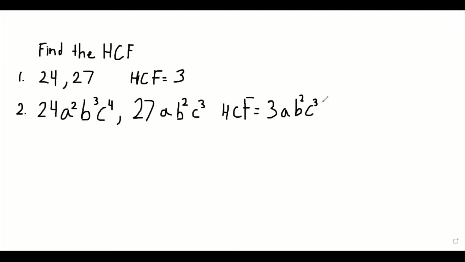Sir, I picked the a without an exponent because it's the lowest one you are looking for, and it's common in both of them. And for the b, I picked the lowest one, which is b squared, and it's in both of them, so you can use it. And for c, I picked the cube because cube is lower than the fourth power.